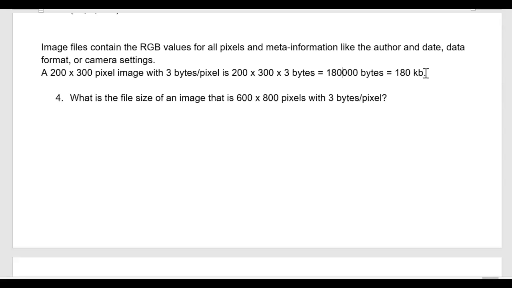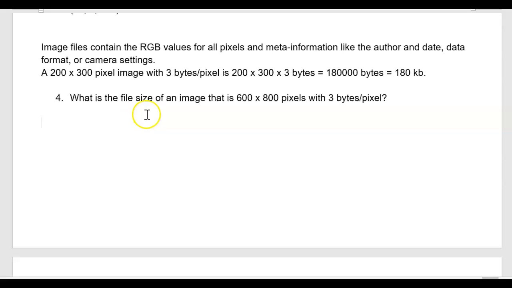So luckily 1024 is something that's close enough to 1,000, but it's base 2, so computers are happy with it. And everybody's just like, just multiply by 1,000 and you're pretty close. So I'm not that concerned about multiplying by 1,000 versus 1,024. Either way, 180,000 bytes is about 180 kilobytes.